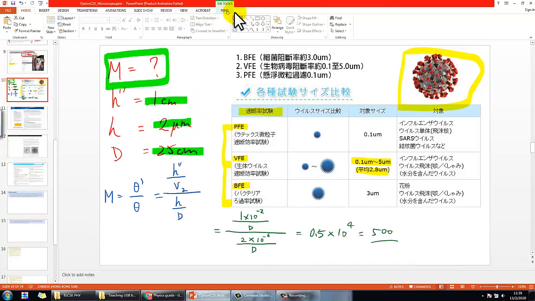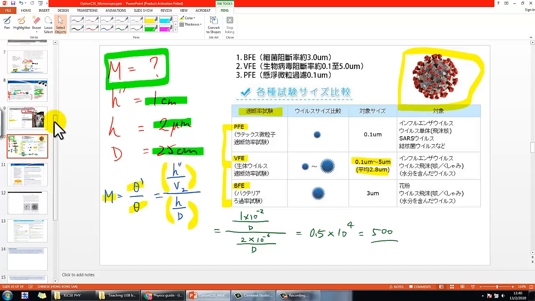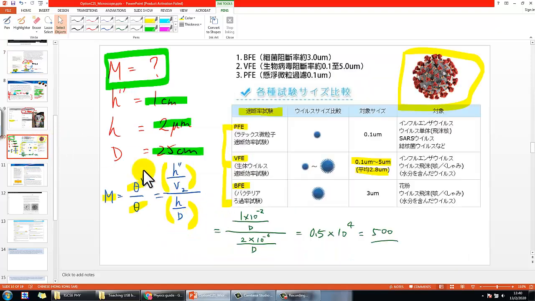Okay, so the calculation is actually quite simple. You may recall the fundamental definition of angular magnification, and we do it similarly to how we derived the equation earlier for this one. Simply substitute everything in, with h double prime being the image size that you wish to see, and the actual size of the virus.